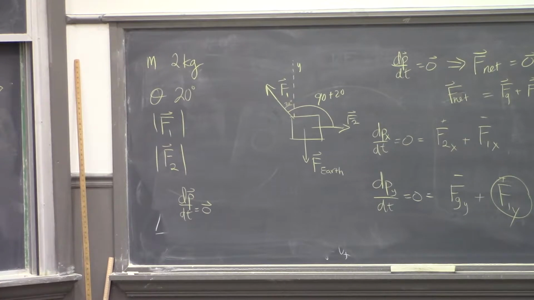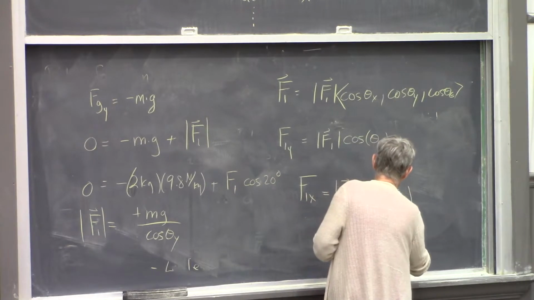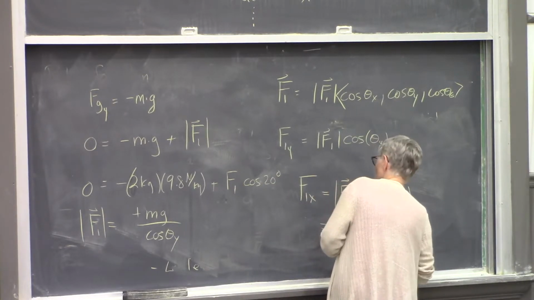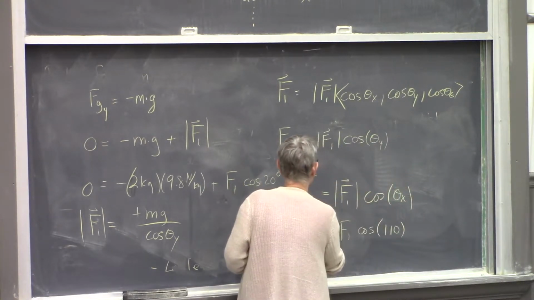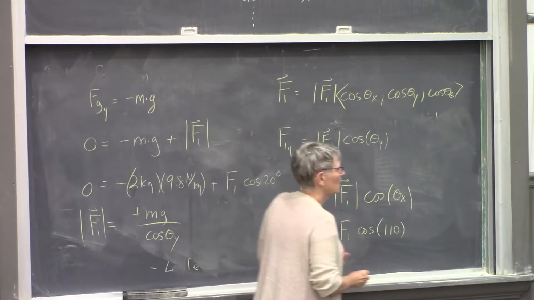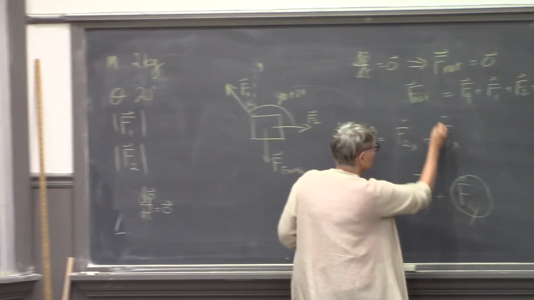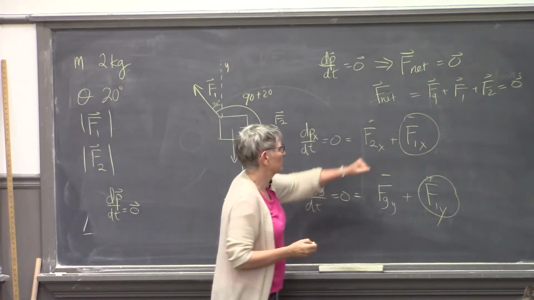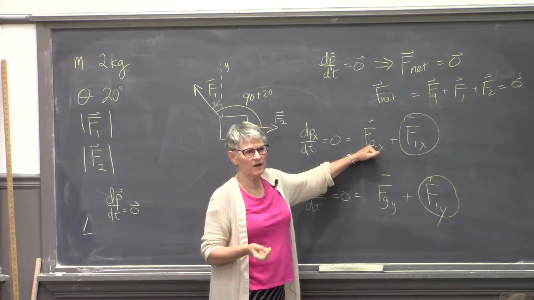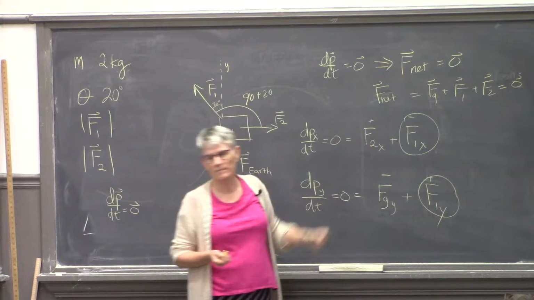So we have, this is equal to the magnitude of F1 cosine of 110 degrees. So now we know this. We can solve for the x component of F2, right?